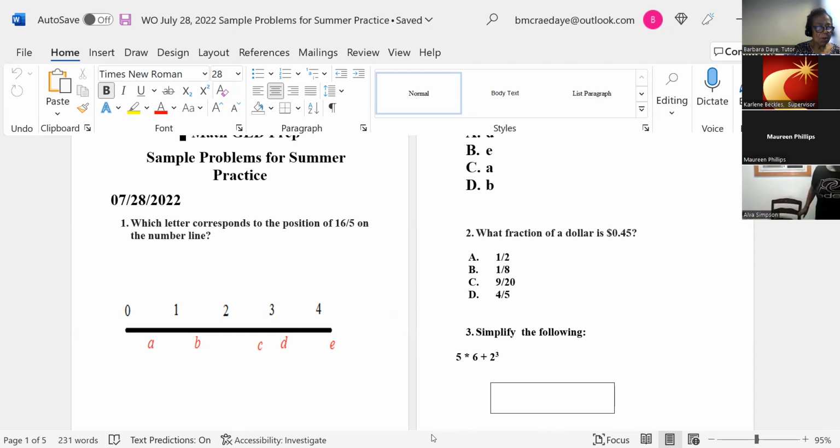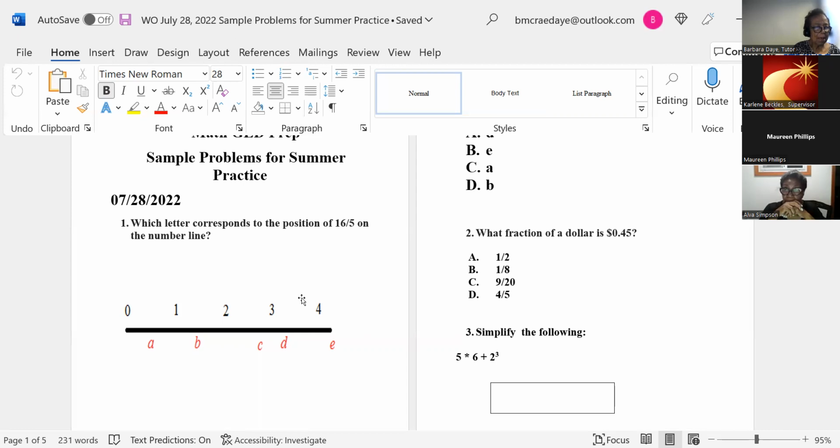We're going over the sample problems, and then we'll look at some of the topics we will cover during the summer practice sheets. Today is our last day, but you'll get work that you will try to do and send me results by the Friday of the following week.